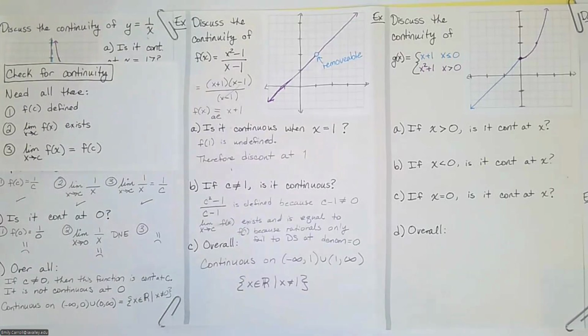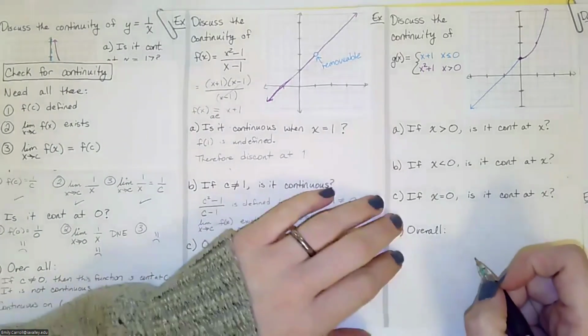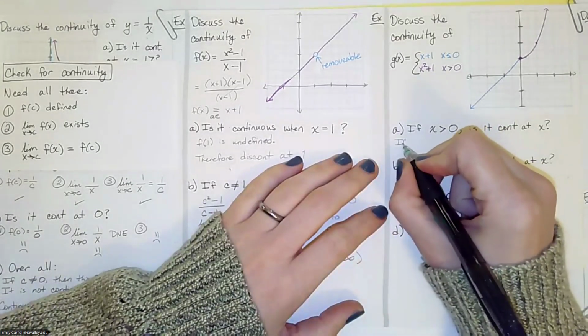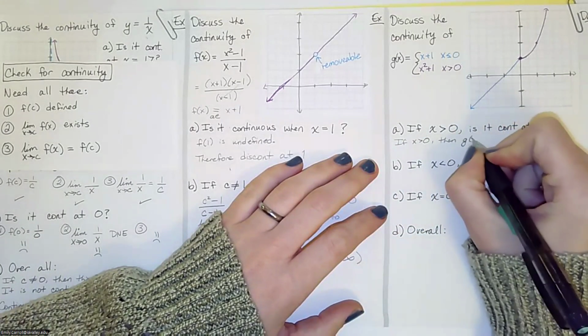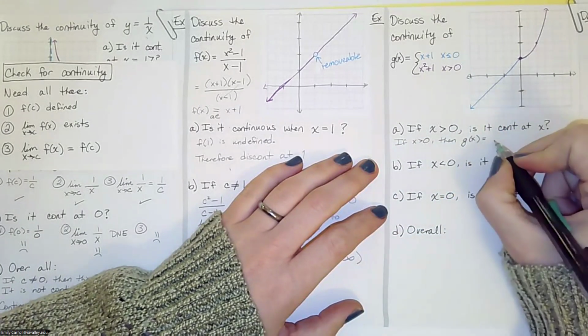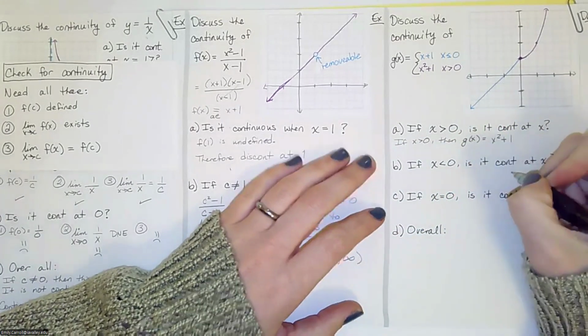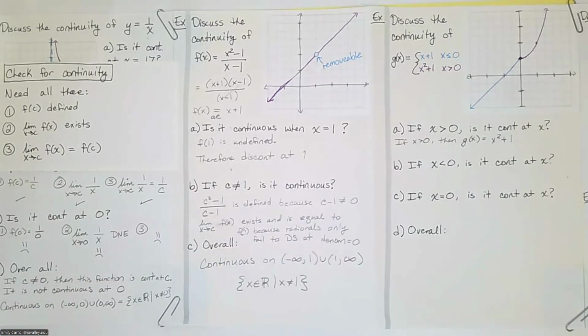If x is greater than 0, is it continuous at x? Well, if x is greater than 0, then g of x lands in x squared plus 1. So we're on that purple branch of the function up there. We're somewhere over here. That's a polynomial, and polynomials can be direct substituted.